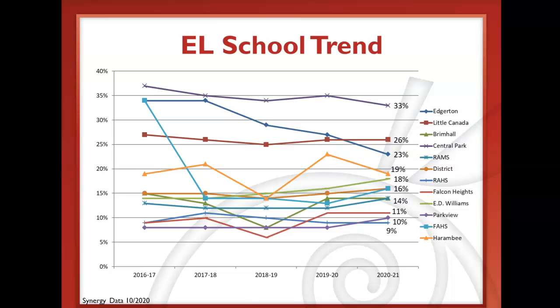So with lower numbers of EL students within a school, if a couple students move out or move on to the middle school or RAMS, it can have a great impact, because they're smaller numbers at sites. So just explaining some of that variability between some of our years.